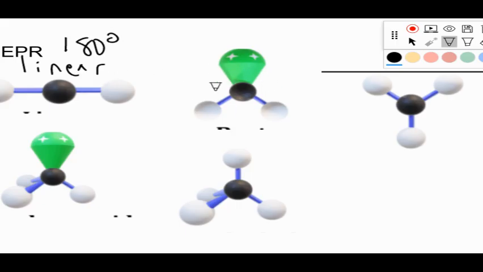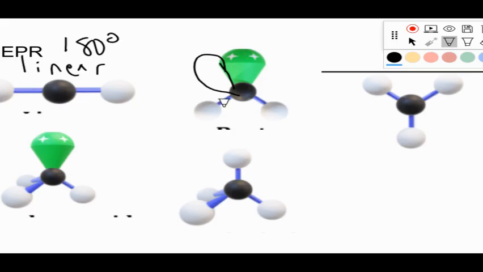This one here has 2 shared regions, just like this one, but their shared regions are being pushed down because of this unshared set of electrons. And so up here, they are pushing down on this bond. So this is 2 shared, and this actually should have another one of these green things up here on the top.